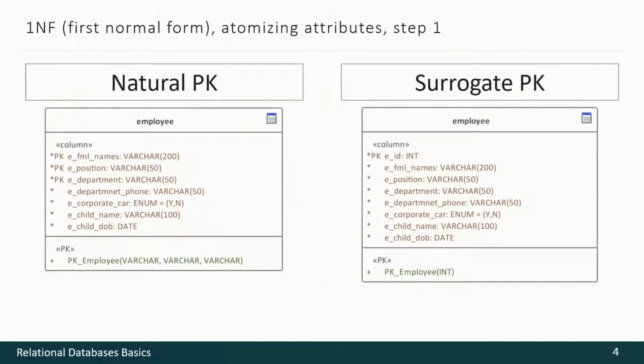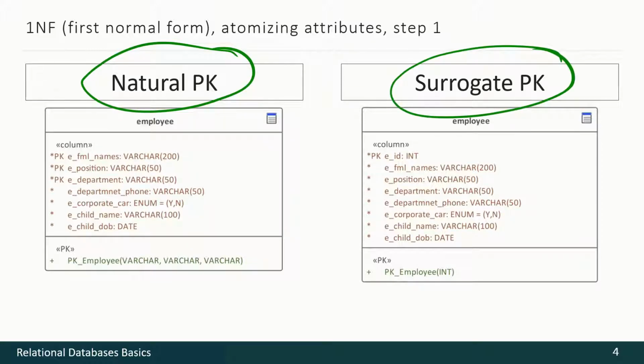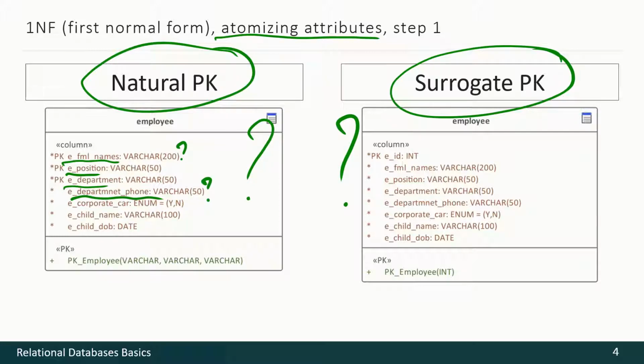Here you see two variants with natural primary key and surrogate primary key. And let's talk about atomization of attributes. Are these attributes atomized? This attribute brings questions. This is okay. This attribute brings questions. This is okay, and this is okay. So what about employee names?